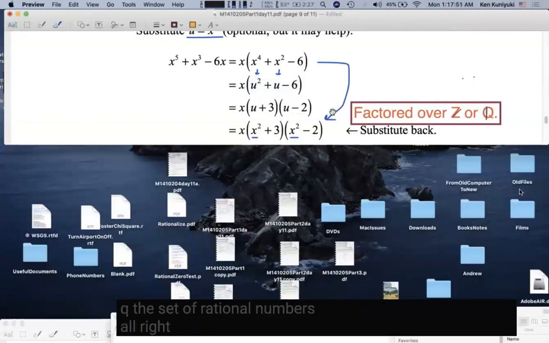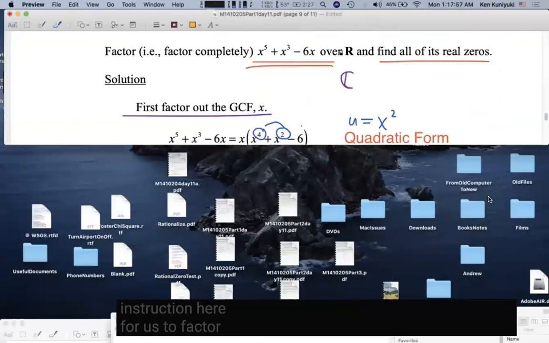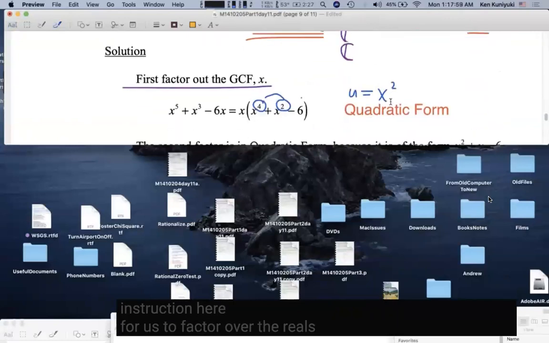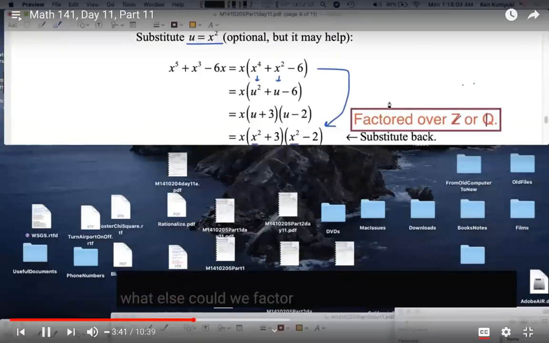All right, but if we wanted to factor this over the reals, and that was the instruction here for us to factor over the reals, what else could we factor? By the way, in case you're wondering what I'm doing, you're either supposed to boldface these or do blackboard bold, that double bar thing. That's what I was doing.